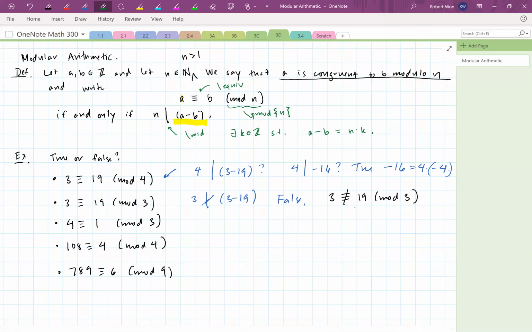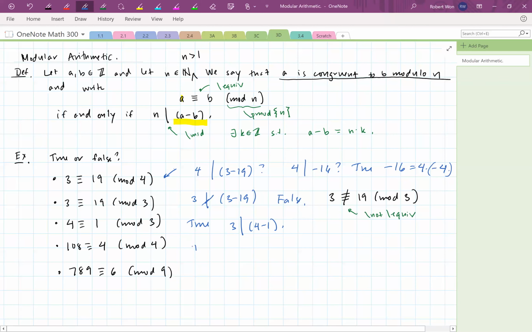The slash through the 3 lines means 3 is not equivalent to 19 modulo 3. To get this, you just do backslash not backslash equiv. This is generally how you get a slash through any sort of symbol like this. On the other hand, it's true that 4 is congruent to 1 modulo 3 because 3 divides 4 minus 1. Okay, 3 divides 3.